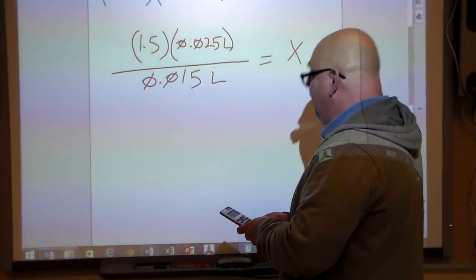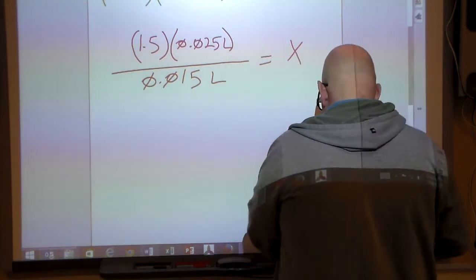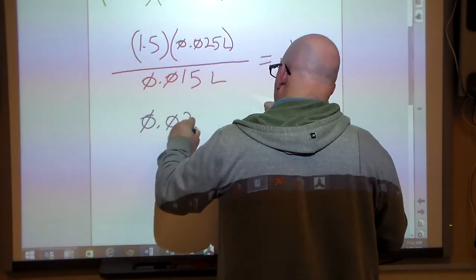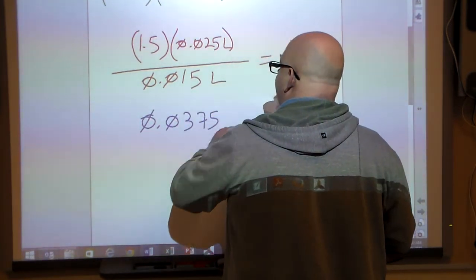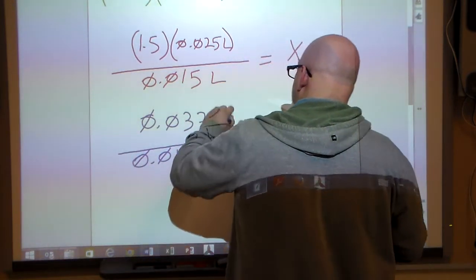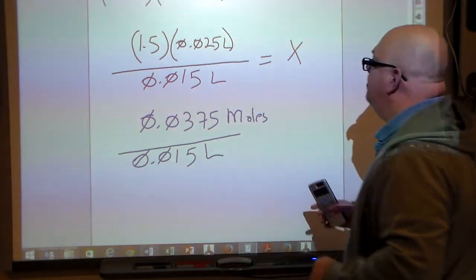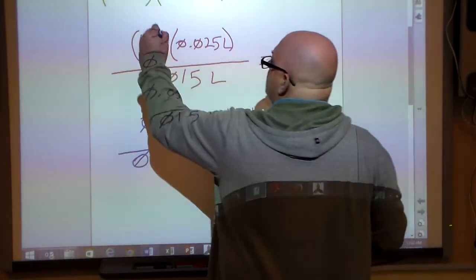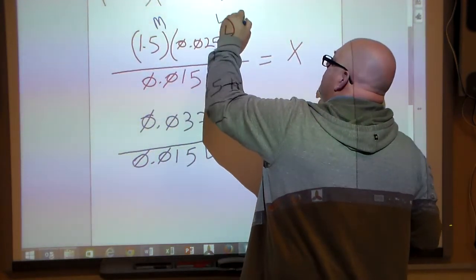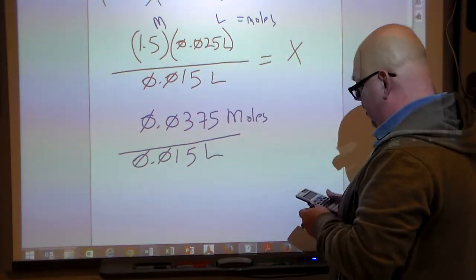So I got 1.5 times 0.025 equals 0.0375 over 0.015 liters. You'd say, but wait a minute, where's that coming in? Well, remember, this is molarity and this is liters. Molarity times liters equals moles, which is what we calculated here.